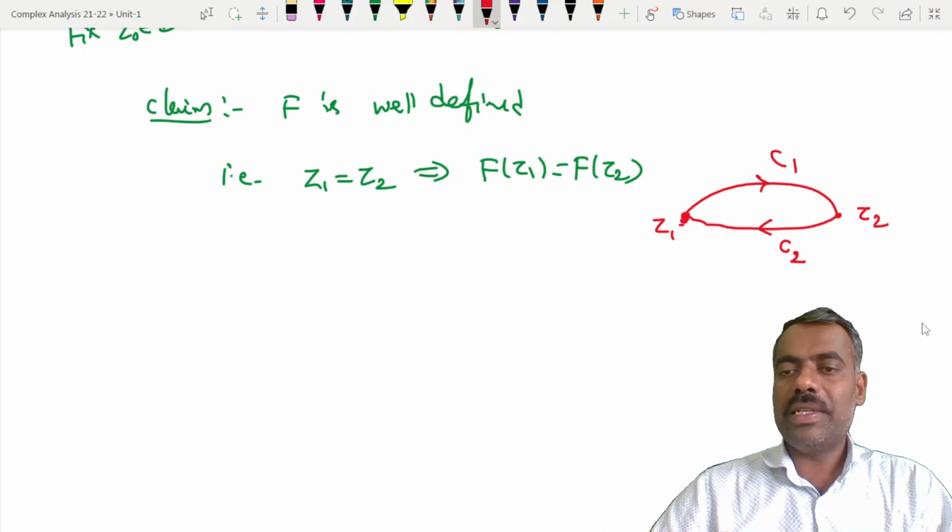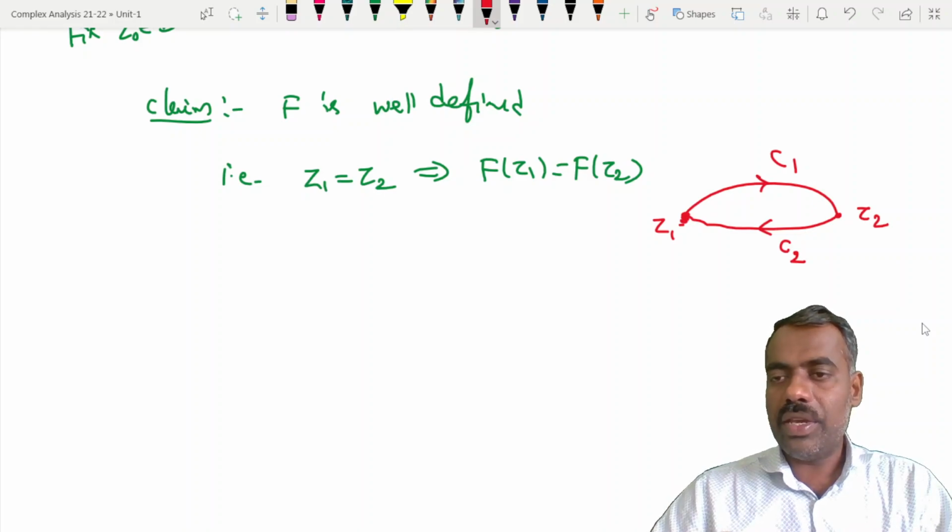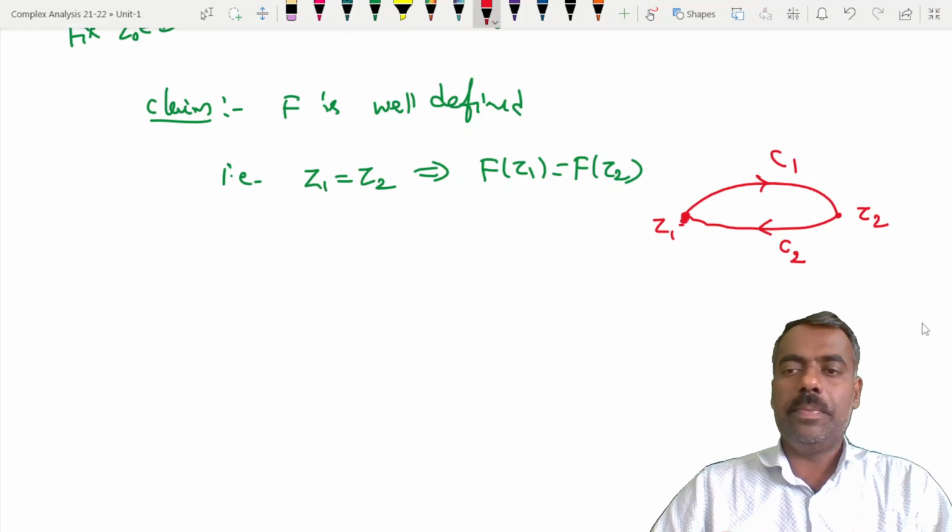Then C1 plus C2 will be our C, which is equal to 0.